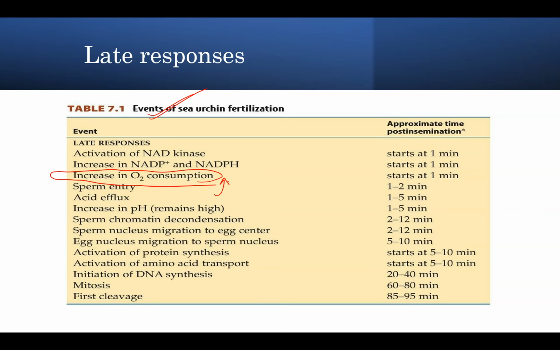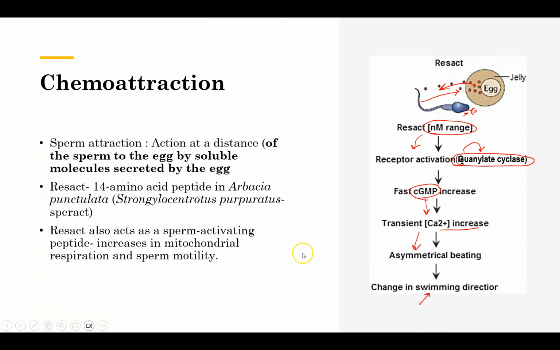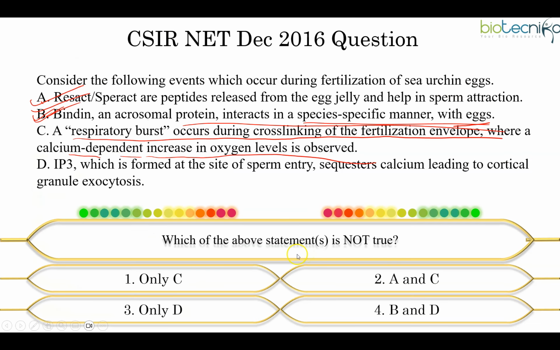If oxygen consumption increases, it means oxygen concentration will be decreased, isn't it? If aerobic respiration is happening, oxygen is getting used up, and that is where we can say oxygen concentration will decrease. But since this question says oxygen concentration increases, that is why this word increase is wrong. Yes, respiratory burst takes place during cross-linking, this is correct. Calcium dependent, this is also correct, but increase is wrong.